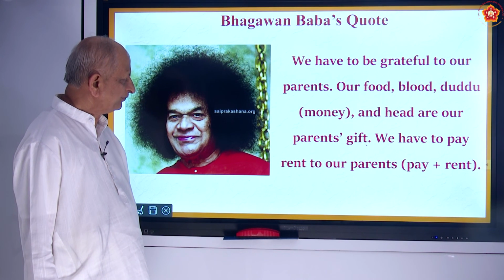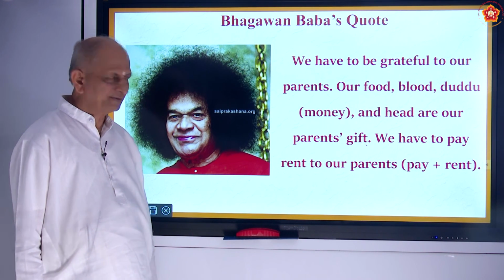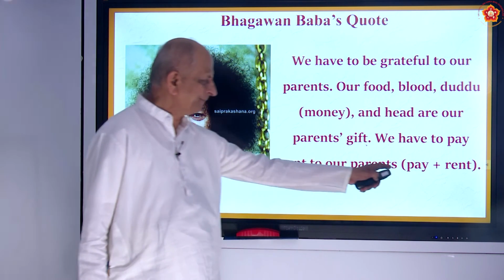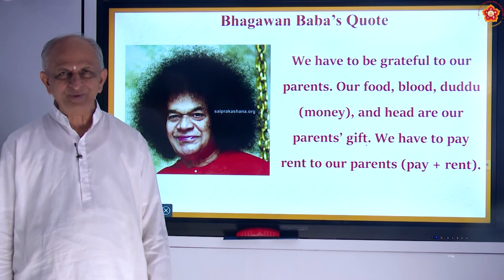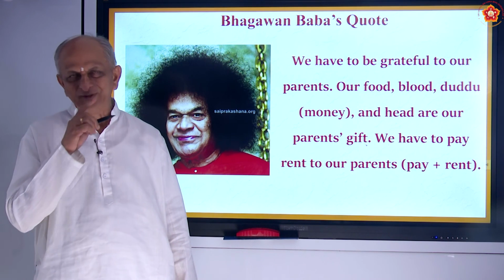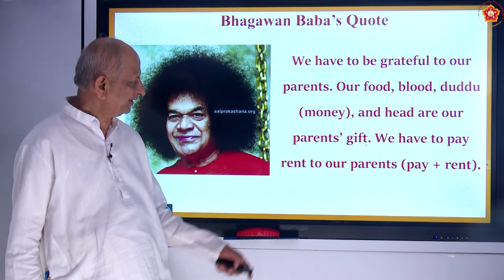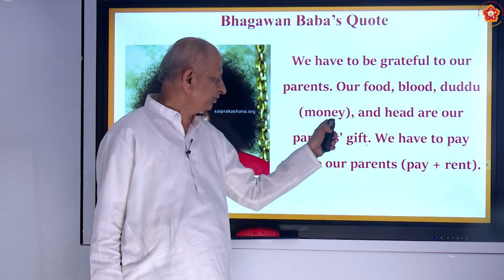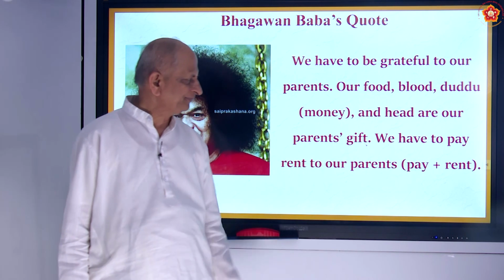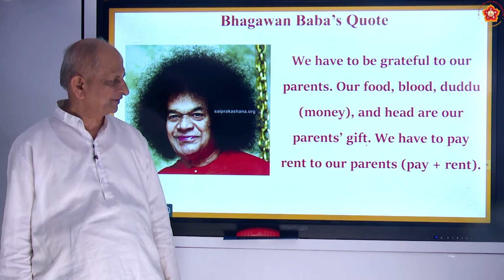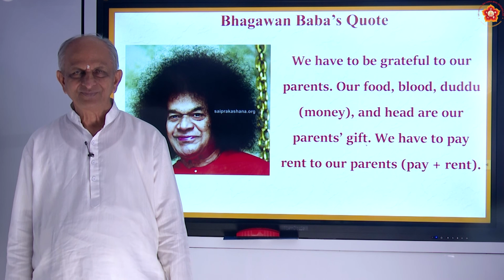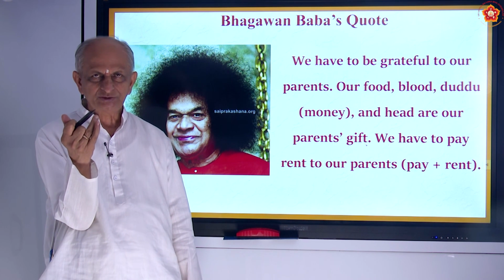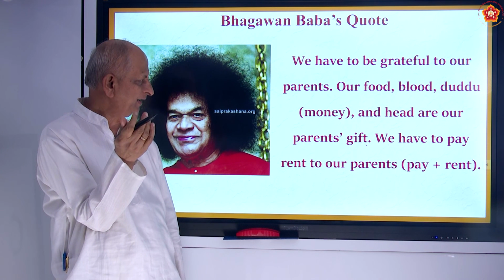Okay. So try to answer this question and let us see what Bhagwan Baba says. We have to be grateful to our parents. Parents means pay plus rent. Why must you give rent? They have given you your body. Baba says your food, blood, dud meaning money, and head, all are parents' gift. Come on, repeat. Food, blood, dud and head.